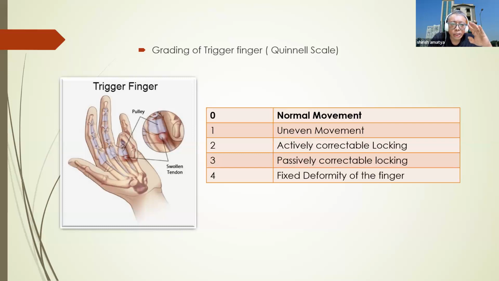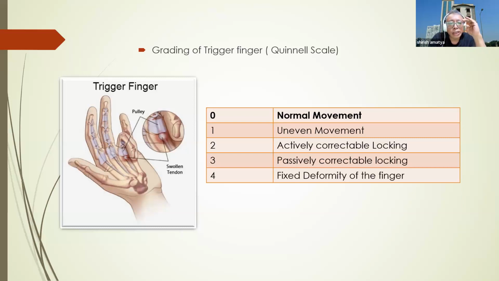Grade 1 means there is no locking of the finger, but there is uneven movement; the affected finger will flex and extend very uncomfortably, but there won't be any locking. In grade 2, there will be locking of the finger, but the patient can actively correct the locked finger by himself without any help.